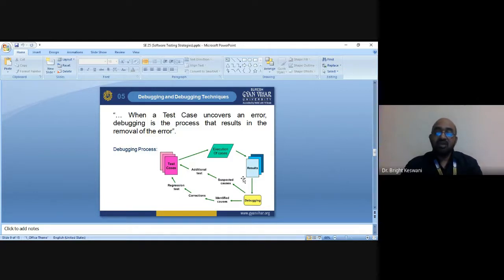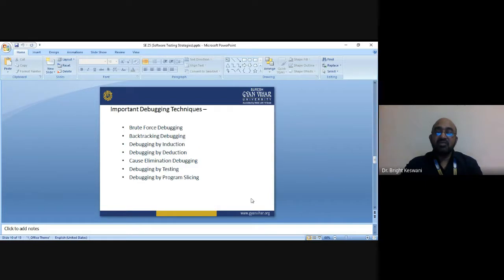So there are ample techniques. There are so many techniques of debugging, like brute force debugging, backtracking debugging, debugging by induction, debugging by deduction, cause elimination debugging, debugging by testing, and debugging by program slicing. Okay, let us discuss all one by one and in a very brief manner.